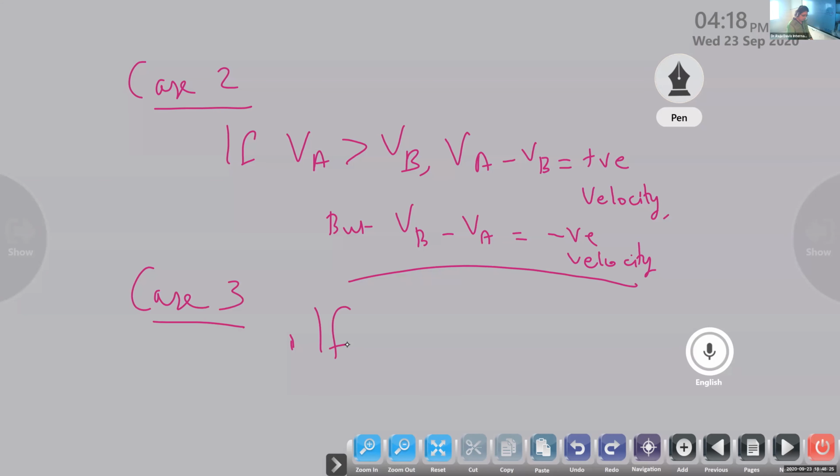Next one, case B. VA and VB, as we said, in opposite direction. Opposite direction depends upon if VA and VB are in opposite directions.